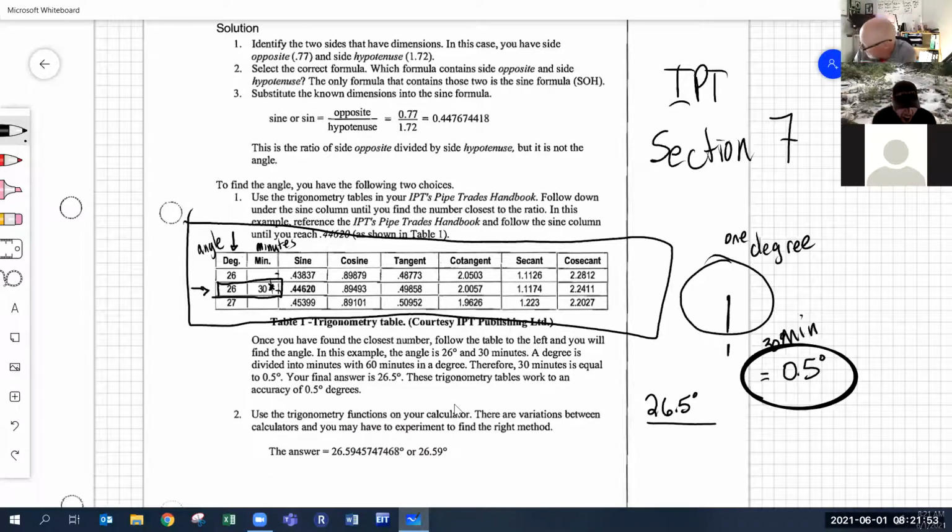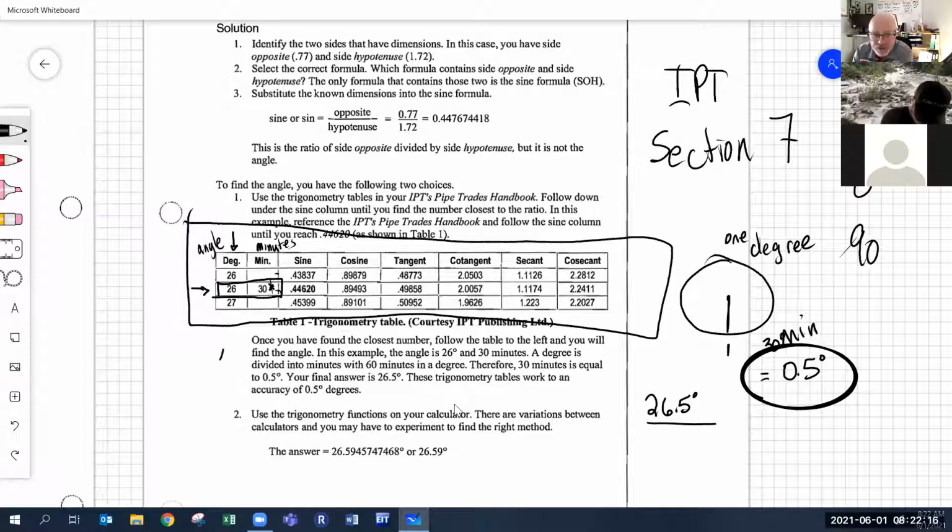Now, your IPT Pipe Trades Handbook has all of the degrees, starting from 0, and quite frankly, it goes pretty high. It goes all the way to 90 degrees. Okay, and it does just full degrees and half degrees. That's all the Pipe Trades Handbook does.